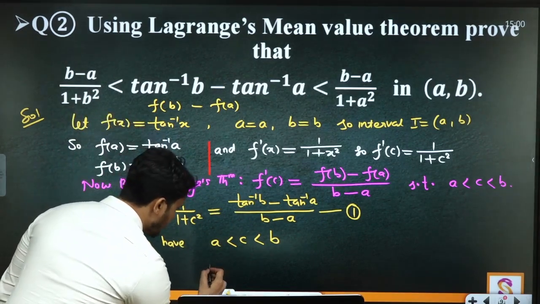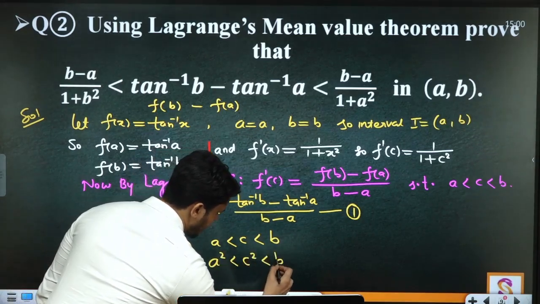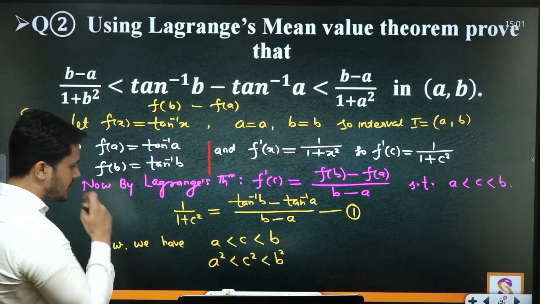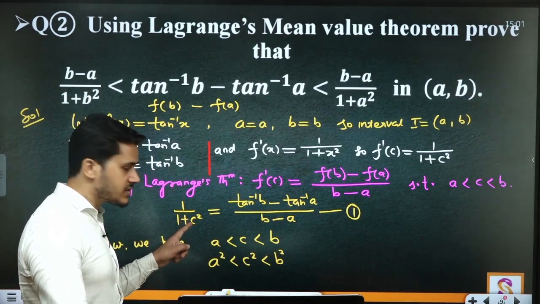Means you have to square everywhere in this inequality. Means a square less than c square less than b square to make it c square.